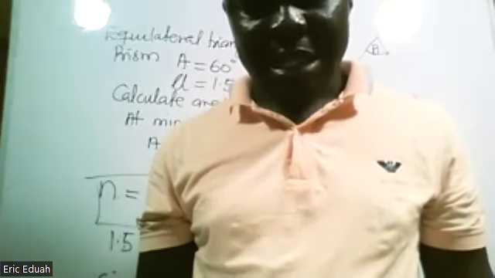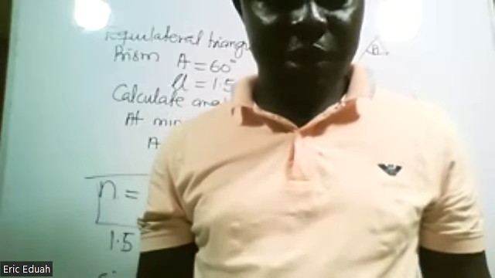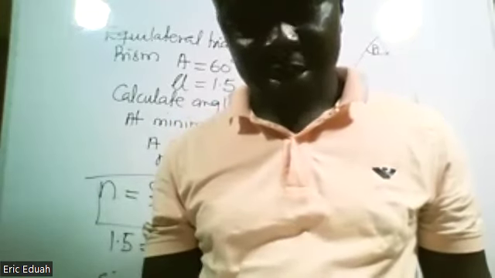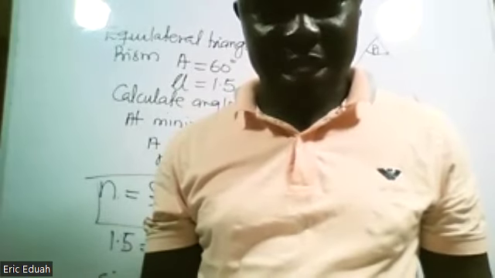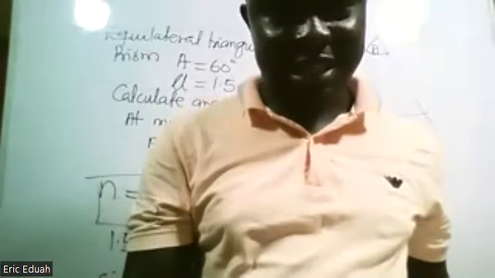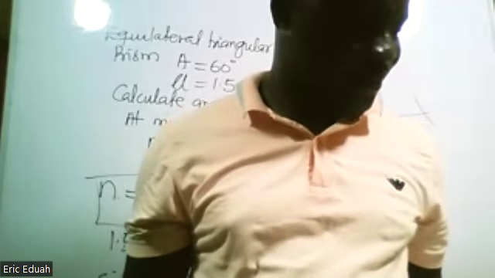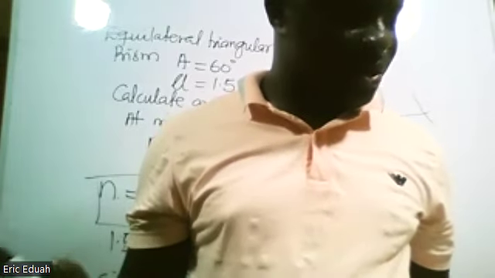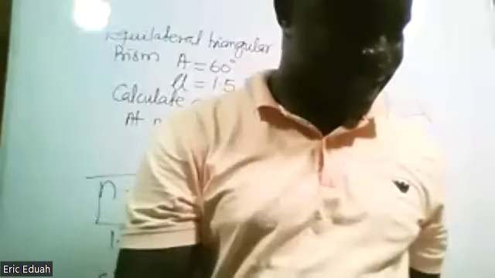What is the angle of incidence of the ray if the angle between the reflected and the refracted rays is 90 degrees? Because you've done total internal reflection, this idea of reflected and refracted must be familiar to you.